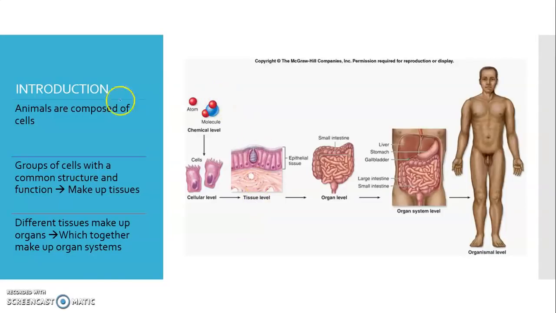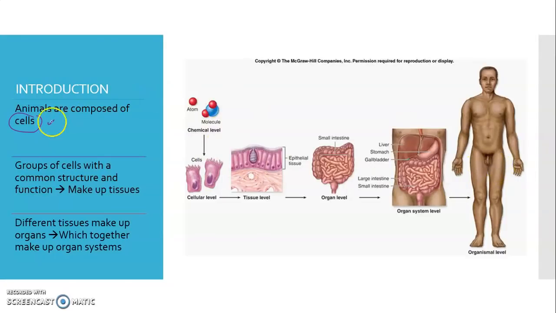We can see all animals are composed of cells. If we look at what we have learned in chapter 1 about the hierarchy of biological organization, it starts from the atom, molecules, cells, tissue, and lastly becomes the organism.